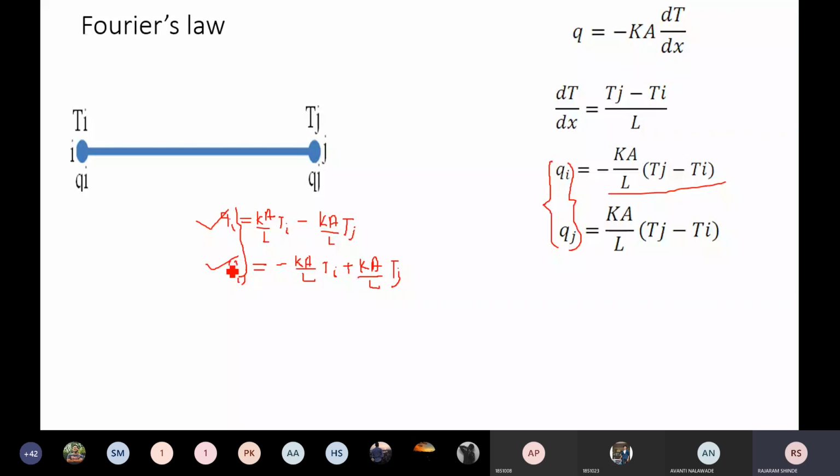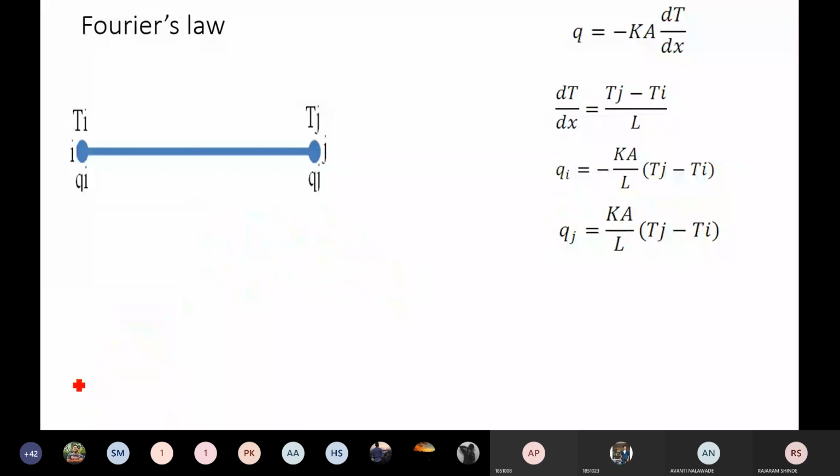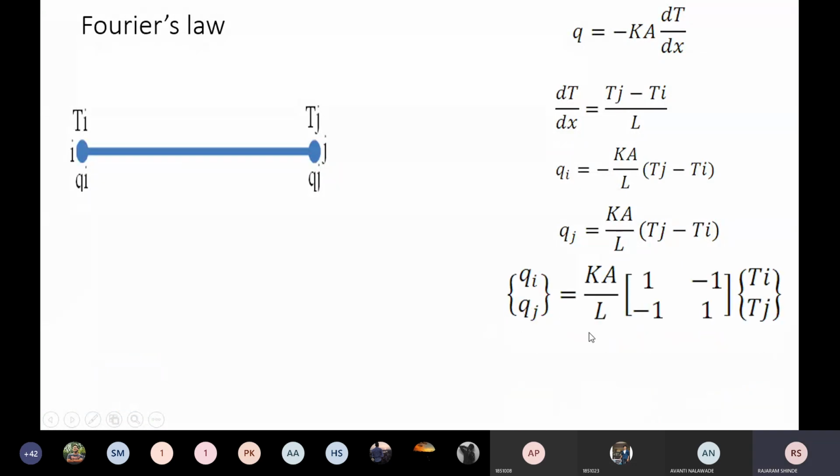This is one matrix, and one matrix on the right side is Ti and Tj, and the middle matrix is a square matrix of K by L, minus K by L, minus K by L, K by L. From your matrix formation you can get Qi, Qj equals K by L [1 -1; -1 1] times Ti, Tj.